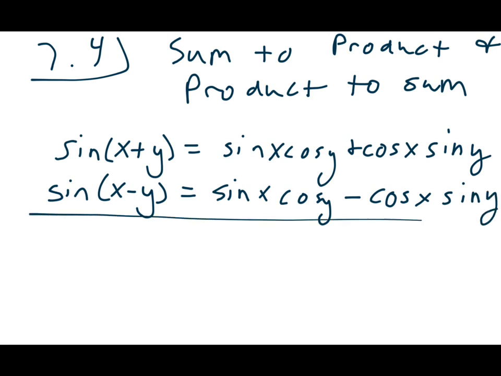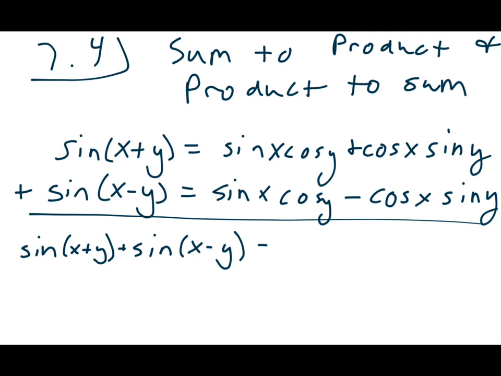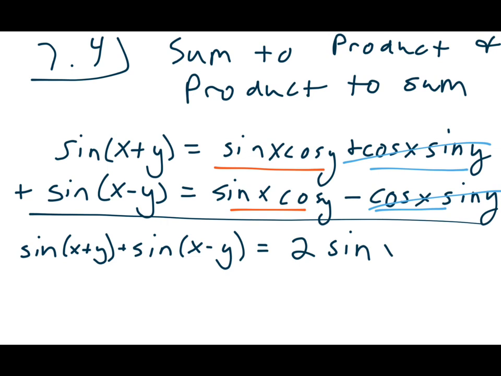If I add those two together, on this side I'm going to have sine of x plus y, and on this side I'm going to have sine of x minus y. You see that these two are the same, and these two are opposites, so they'll cancel out. And all I'm left with on the right side is 2 sine of x cosine of y.